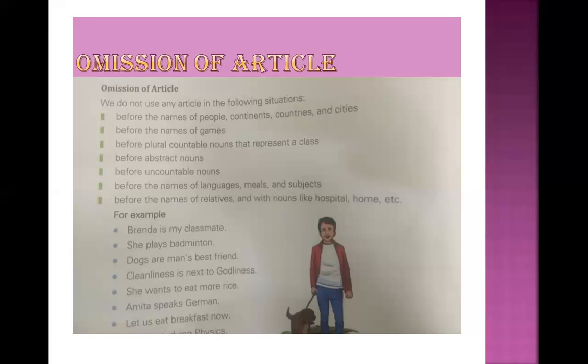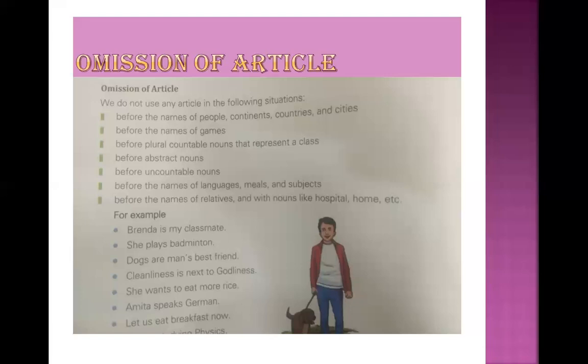We don't need them before the names of relatives and with nouns like hospitals, homes, etc. For example, Branda is my classmate. You don't need to write an article here. She plays badminton. Dogs are man's best friend.